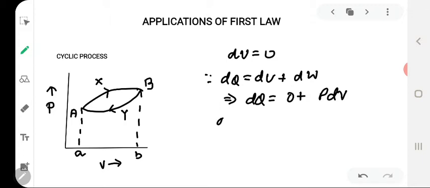Or we can write dQ equal to P dV. That is, in a cyclic process, the heat supplied to the gas is wholly converted into work, and the area of the cyclic process is numerically equal to the work done during the process.